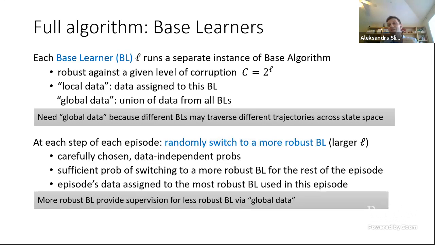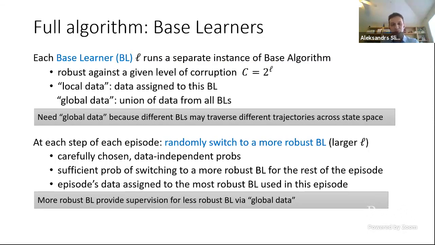We start with the least robust, really non-robust base learner, and then at each step of each episode, we may randomly switch to a more robust base learner. We use carefully chosen but data-independent probabilities for the switches. The point is to ensure that at any step, we have a sufficient probability of switching to a more robust base learner for the rest of the episode.